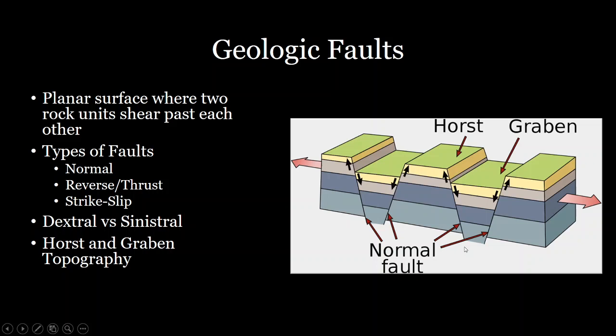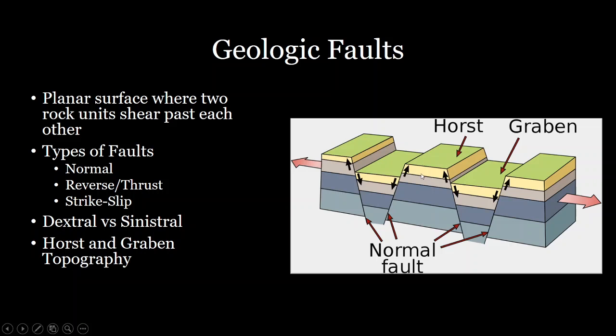Normal faults can form some interesting topography as well. So when you have an area that's experiencing extension, when that landscape is getting pulled apart, you have a lot of normal faults develop. And you can see those normal faults here where the hanging wall is moving down relative to the foot wall.